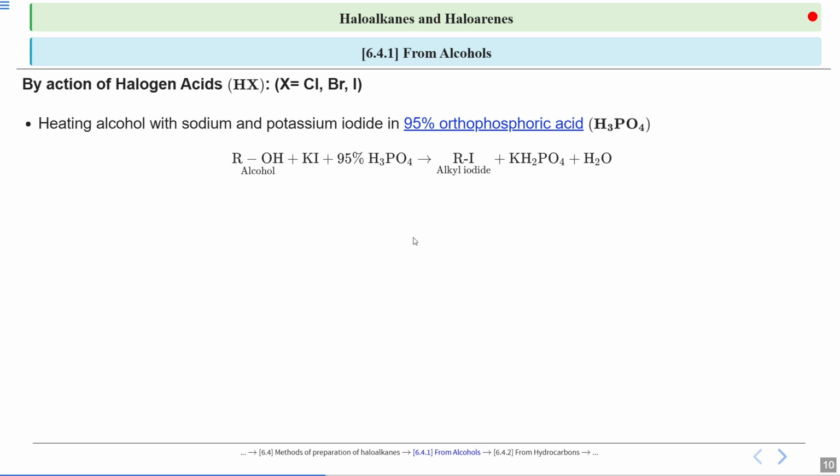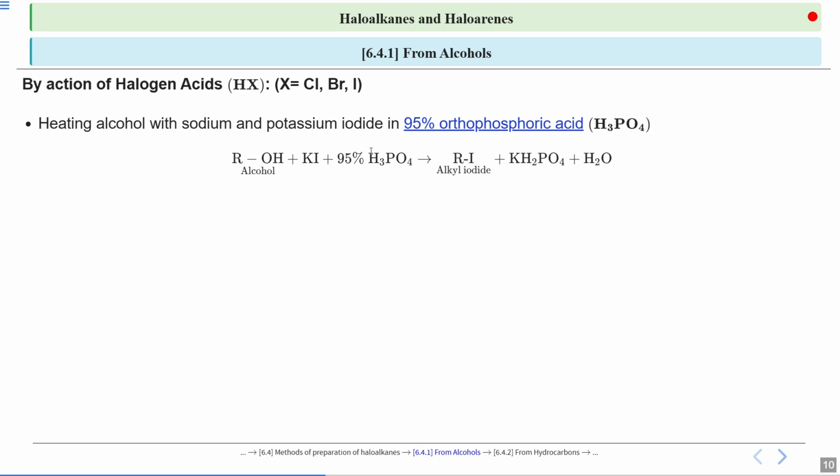And what will happen then? It will prevent the hydrogen iodide from participating in the reaction to give us the alkyl iodide. So that's why we are using 95% H3PO4 here, which is a non-oxidizing acid.